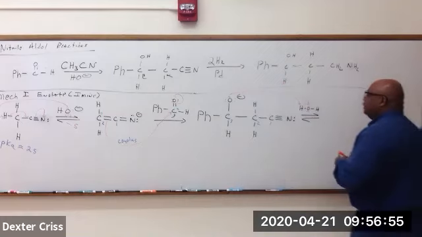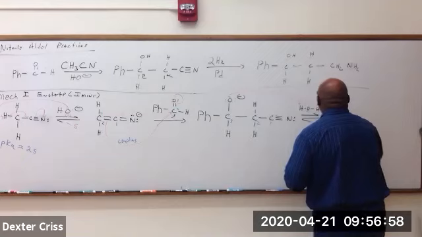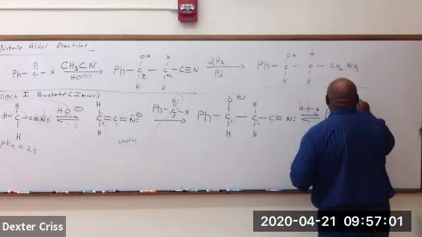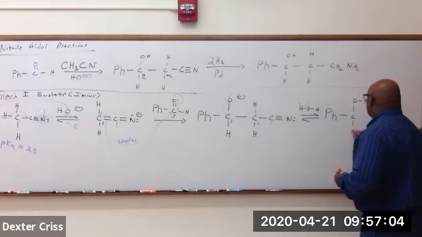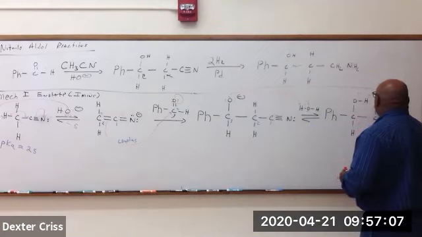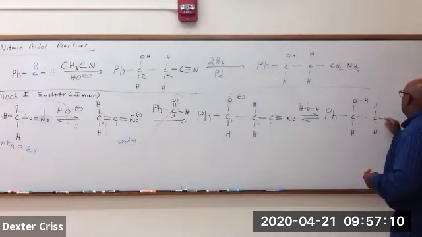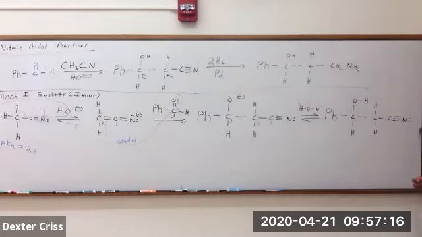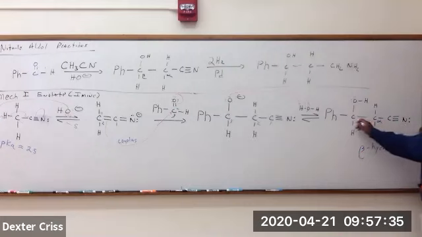So I've formed the beta-hydroxynitrile. Once again, the carbon adjacent to the nitrile is alpha. That carbon is beta, therefore it's a beta-hydroxy.